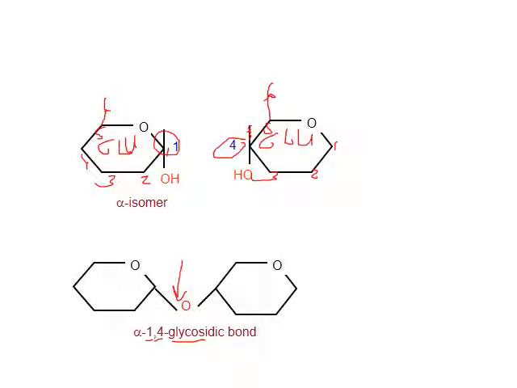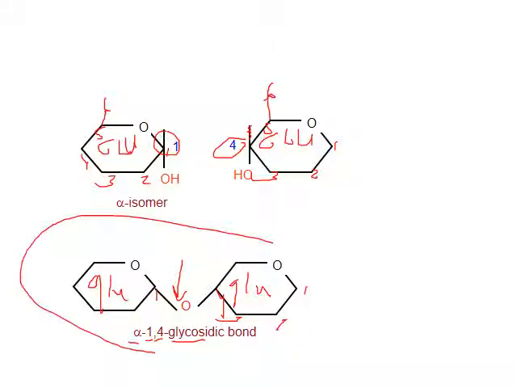And if you go back to when we talked about this earlier, when the OH points down, the O points down as alpha. So it's alpha 1,4 because it's number 4 linked to number 1. 1,4 alpha. So there's your maltose.